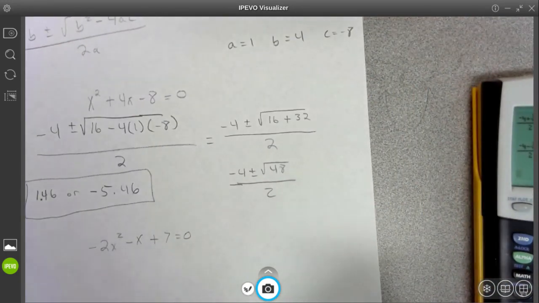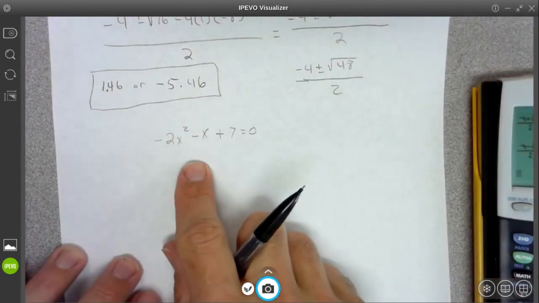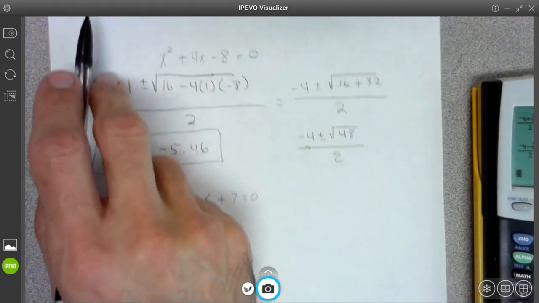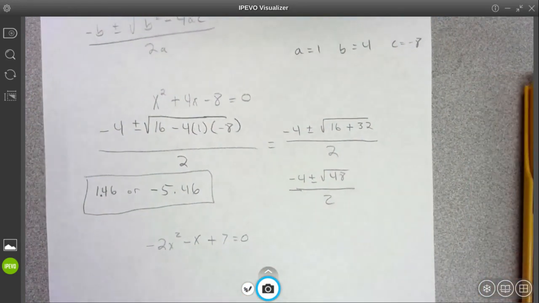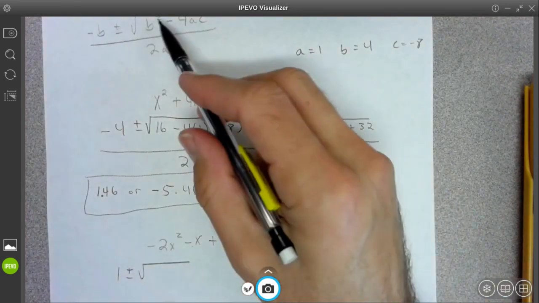And let's do another one here. All right, so we have -b. Oh, can I get the formula in there? Yes, I can. -b is going to be +1 because it's already negative, plus or minus the square root of b squared.